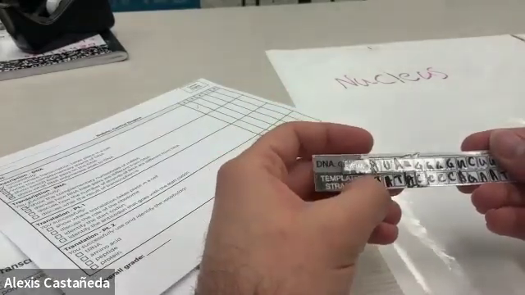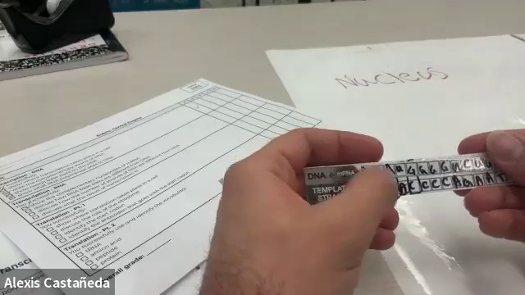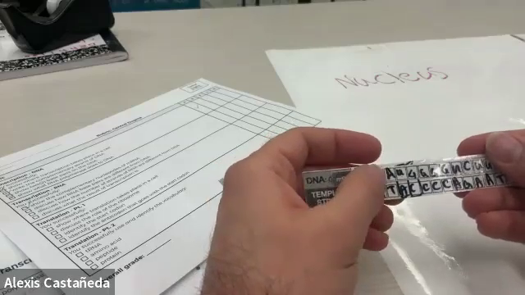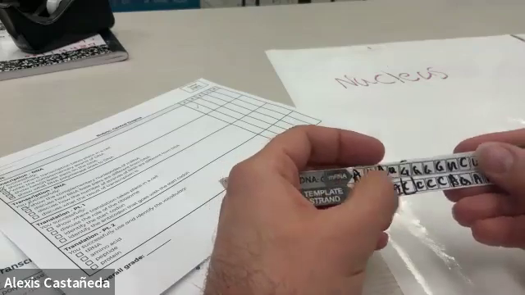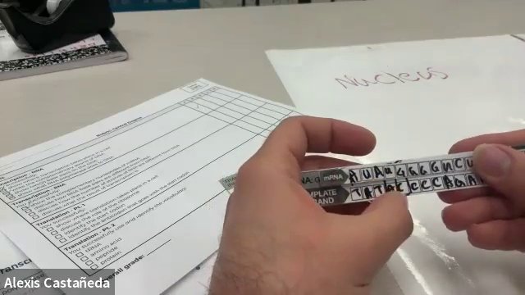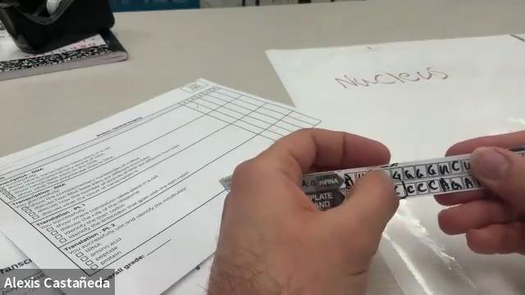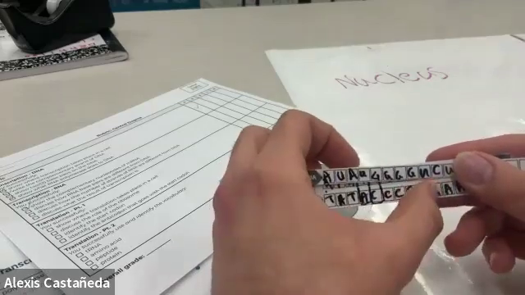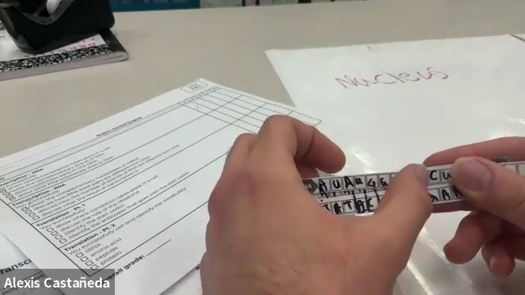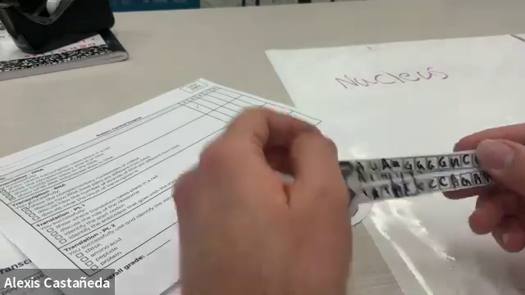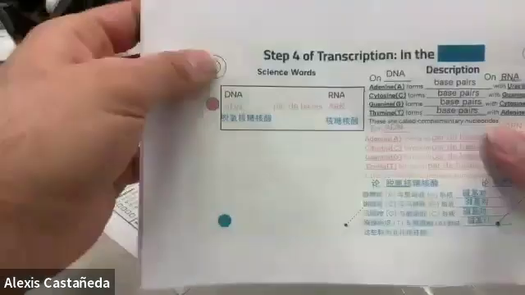When there's an adenine on DNA, we get a uracil on RNA. When we have a cytosine on DNA, we get a guanine on RNA. And when we have a guanine on DNA, we get a cytosine on RNA. So these are the same base pair rules that we have here. And that's the difference, right?